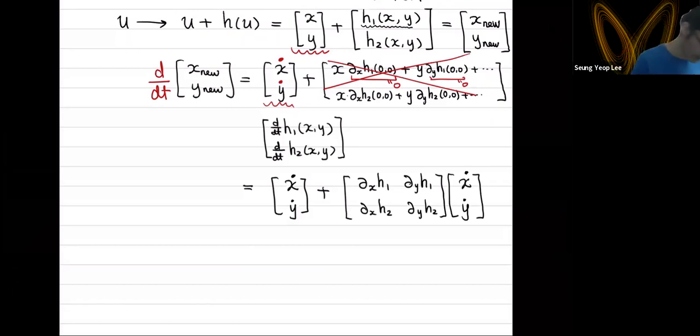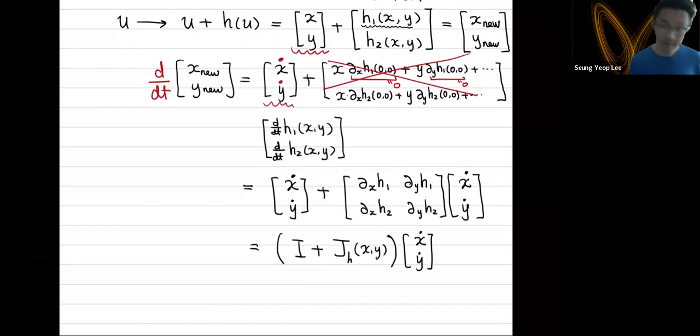Now I can rewrite it as identity plus a Jacobian matrix that depends on h, and this Jacobian matrix depends on x and y and x dot, y dot.